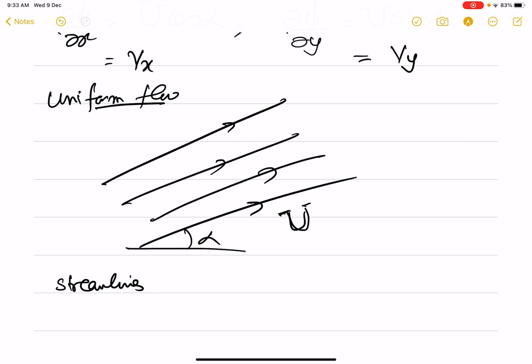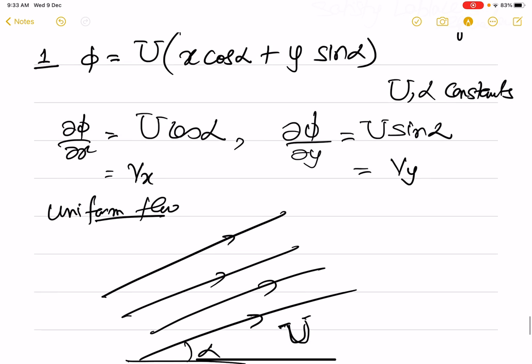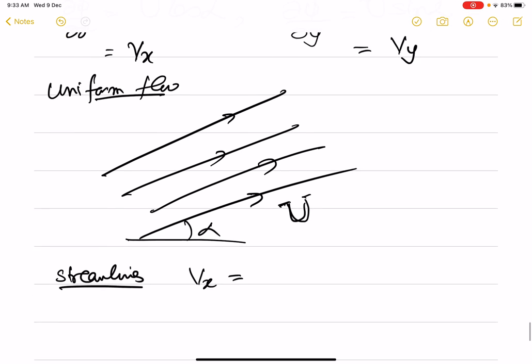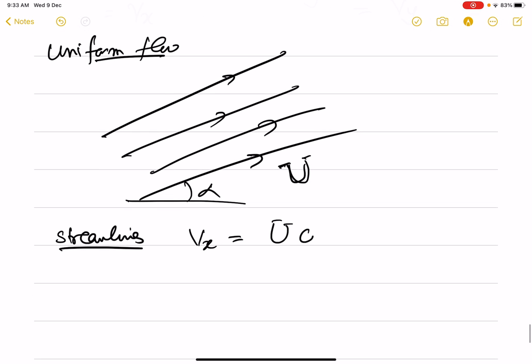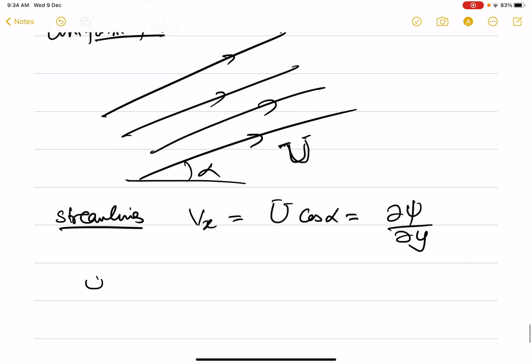And this I'm showing as a general procedure. What we know is Vx for this is given as capital U cos alpha, and this is also equal to partial psi by partial y. So therefore psi will be equal to U cos alpha times y plus a function of x.